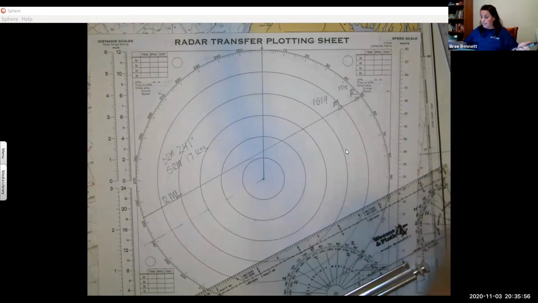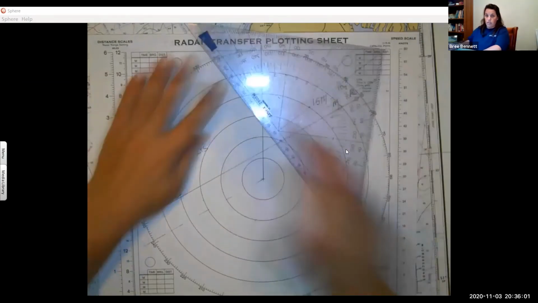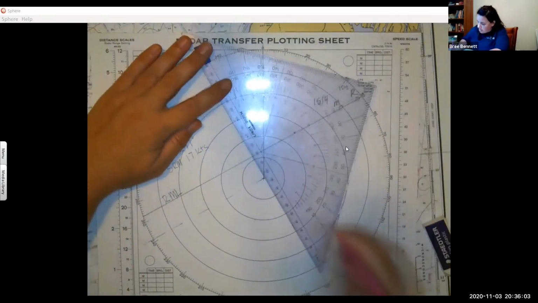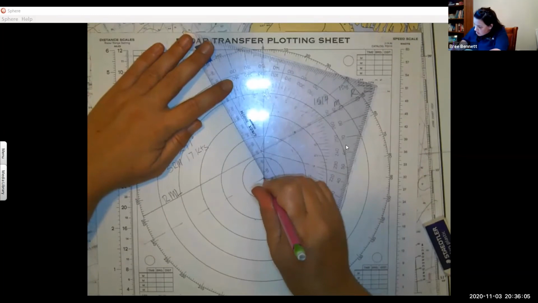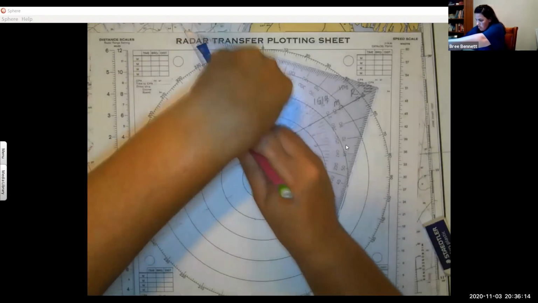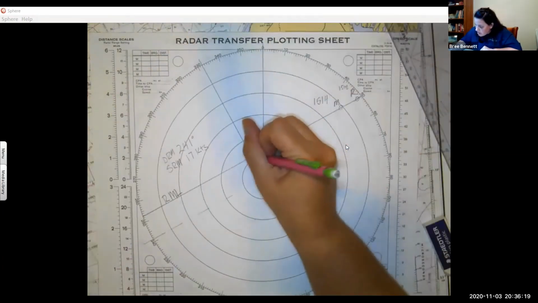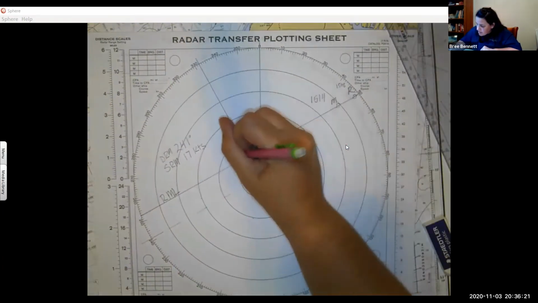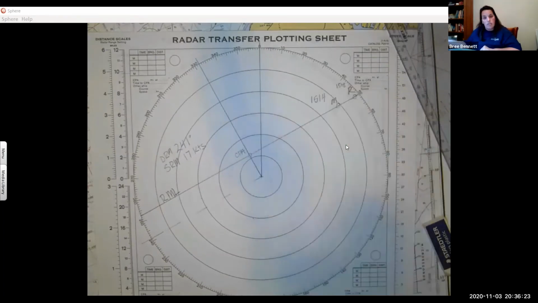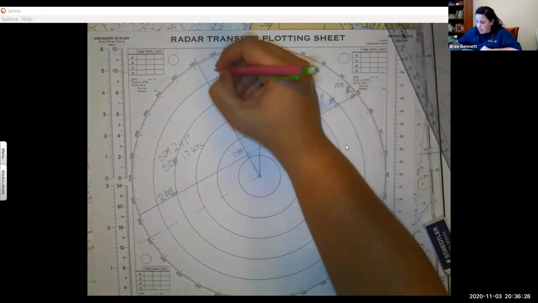Then I also want to get my CPA. So I use my 90-degree. There you go. So here is my CPA. My CPA bearing, I'm going to just write it up here.